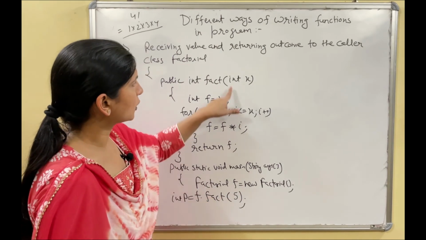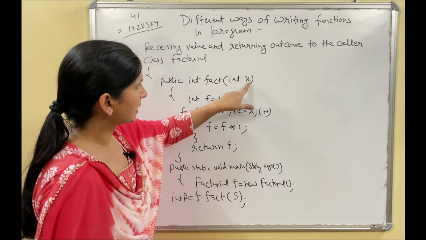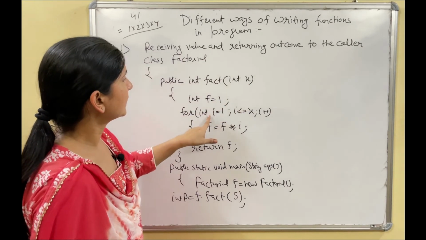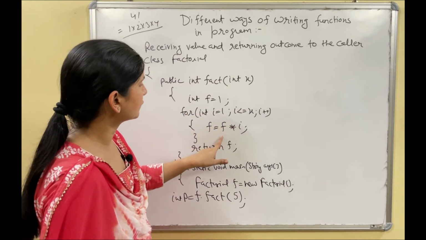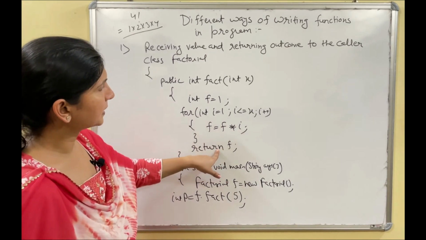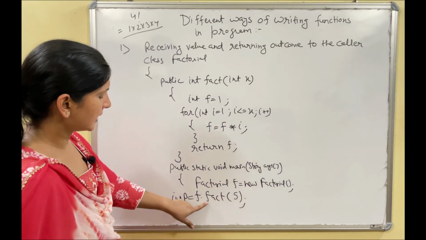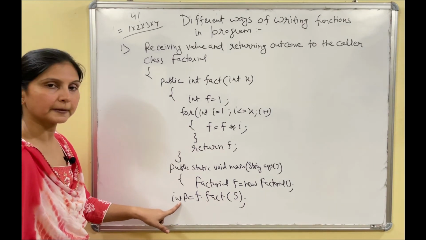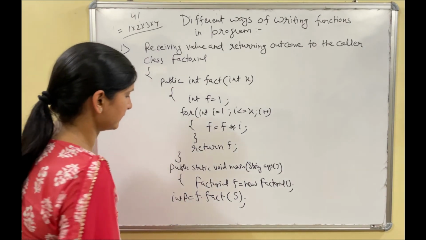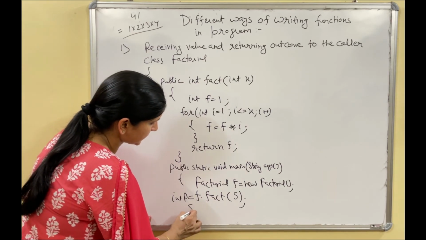So this will invoke this method. The value 5 we are giving, so x value is 5, and it will calculate the factorial of 5 and return the result. This result will be returned to the caller, and that will be assigned in p. So in p, value will be factorial of 5, and then we will display it.